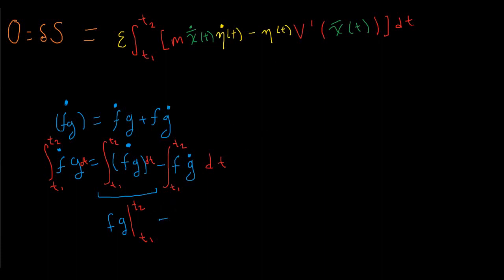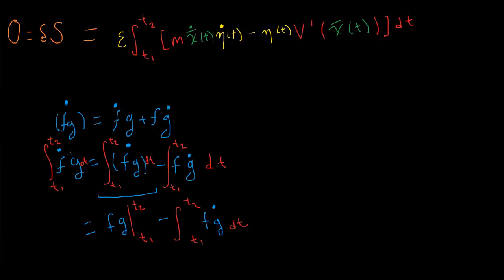Minus, I'm just going to rewrite this term again, integral t1 to t2 of f dot g dt. All right, so integrating by parts, what do we do? We want to solve an integral like this, where we have a derivative on one term.